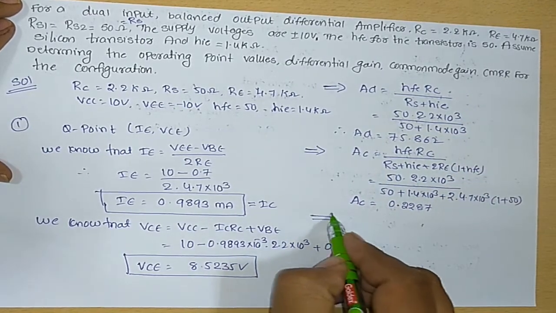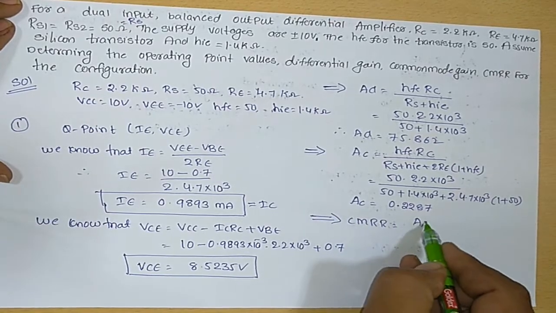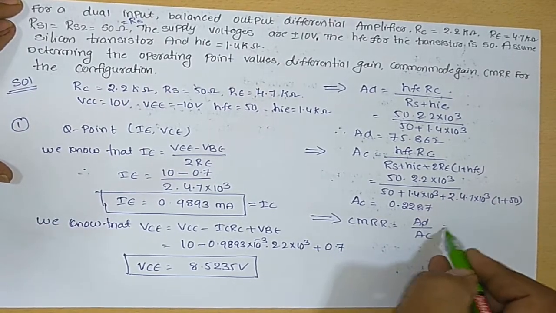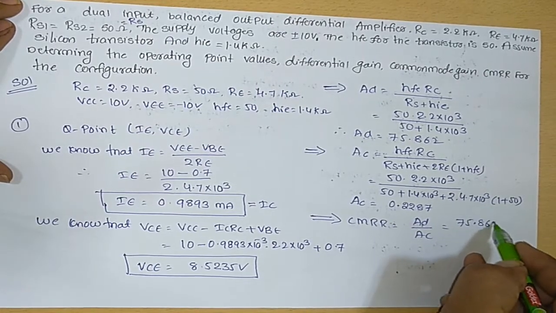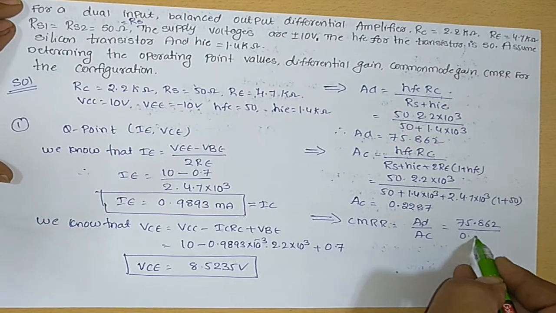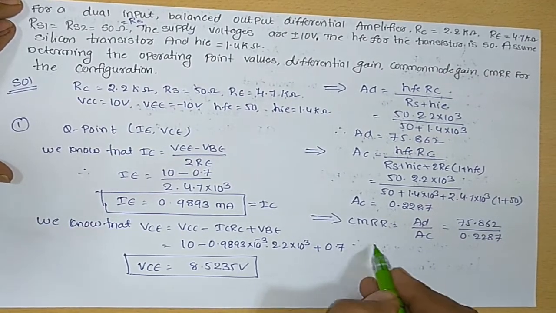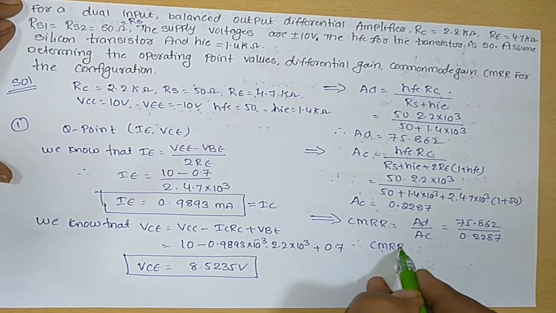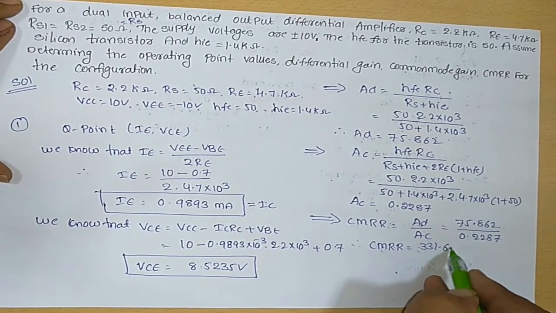Next we are estimating the common mode rejection ratio. The CMRR of this differential amplifier equal to AD by AC, that is 75.862 whole by 0.2287. Simplifying these values, we get the CMRR equal to 331.62.